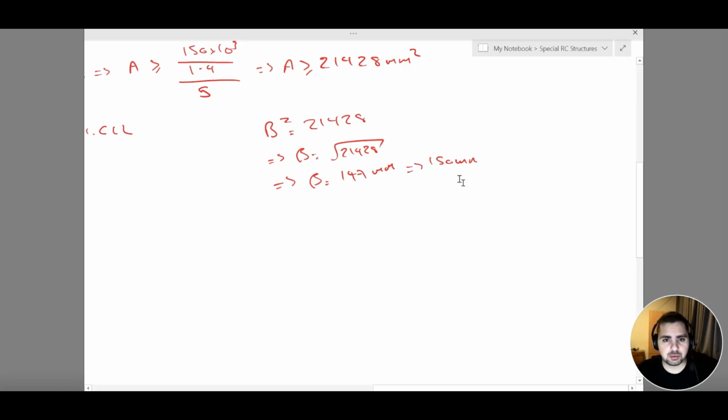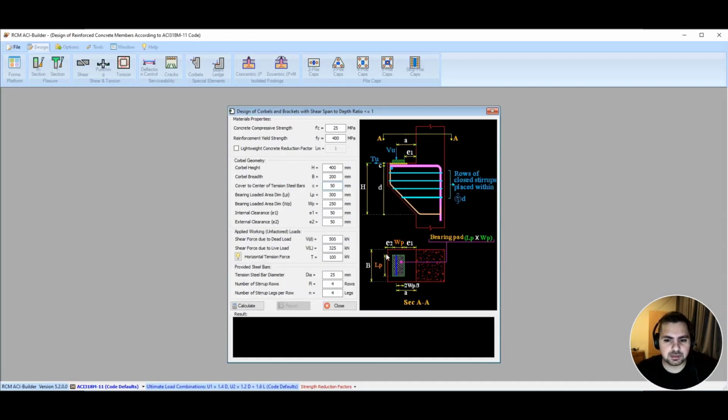This way we are increasing the area, thus we are decreasing my bearing stress, which means that we are doing something that is good. If we follow this section here, you can see our LP is greater than our WP, so we set this as 200 and this as 150.